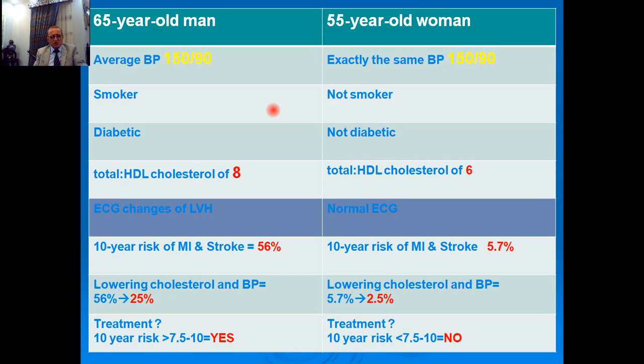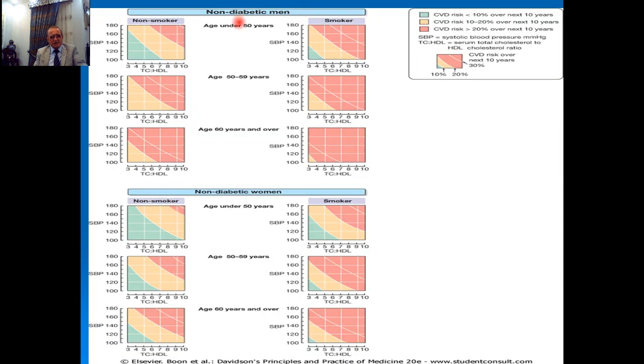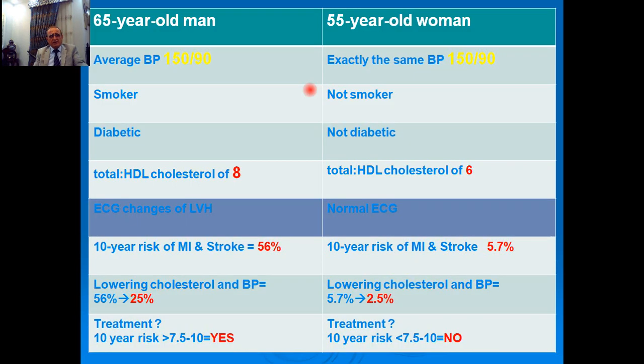This is another chart taking into consideration women and men. This is an example of risk evaluation and treatment. You have a 65-year-old man and a 55-year-old woman, say a man and his wife, with the same blood pressure of 150 over 90.